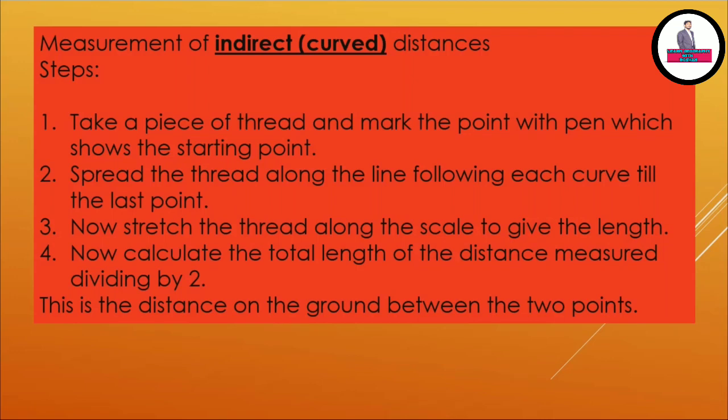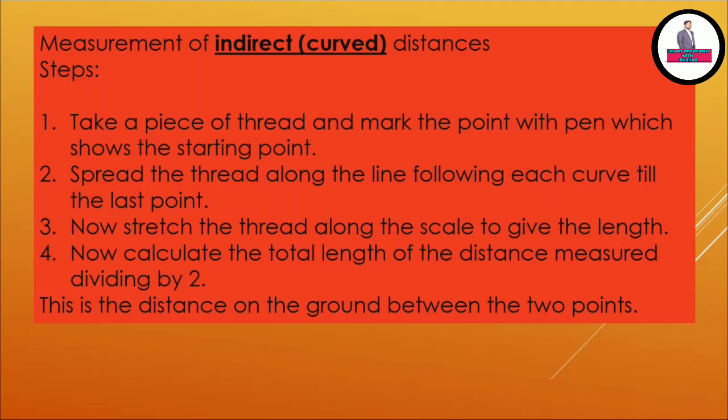Next is indirect distance. In indirect distance, we need to use thread. So measurement of indirect distance is: take a piece of thread and mark the point with pen which shows the starting point. So for the starting point and the ending point, you need to mark it with the help of pen.